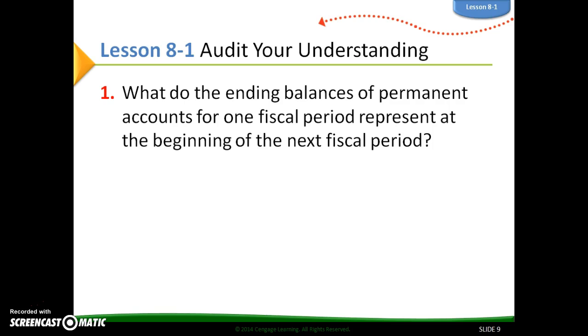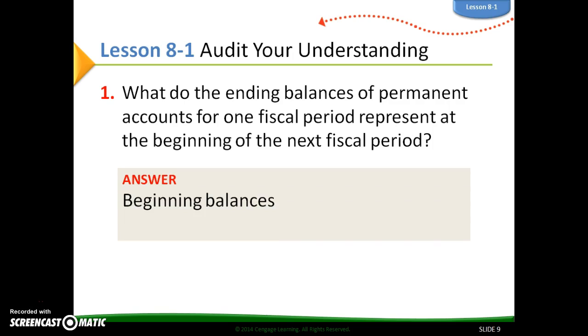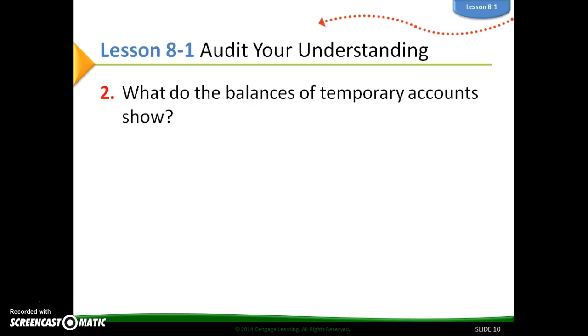All right, so questions. What do the ending balances of the permanent accounts for one fiscal period represent at the beginning of the next fiscal period? They are the beginning balances. It just carries over. What do the balances of temporary accounts show?